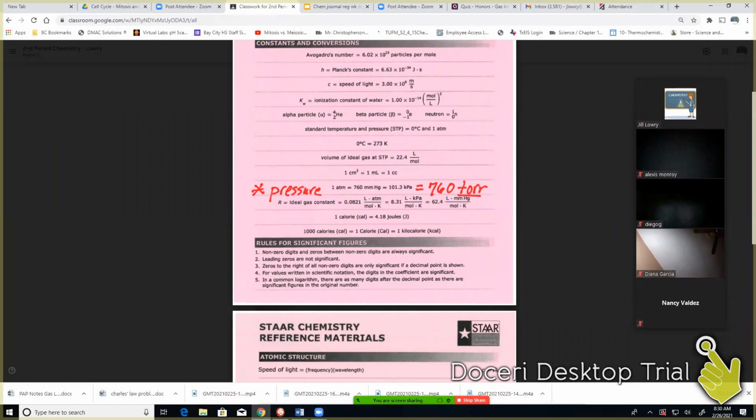If you're using atmospheres, the 1 always goes with it. If you're using millimeters of mercury, the 760 goes with it. Kilopascals, the 101.3 goes with it. And torr, the 760 goes with it. So once you're using those different units, that particular number has to go with it in the conversions.